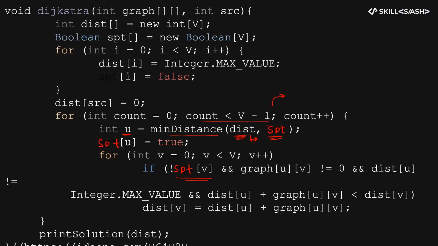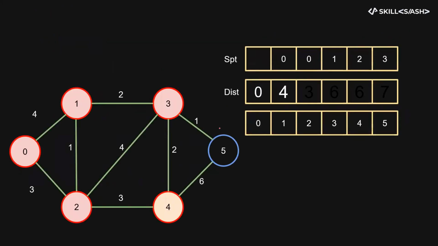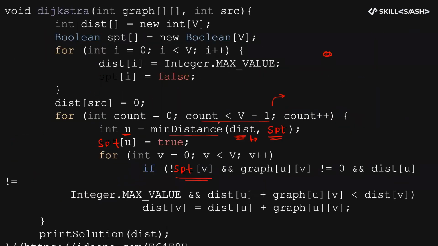So I'll explain it to you in this way. Like from any node, let's say, 0 to 1. So the indexes are like this: 0, 1, 2, 3, 4 and so on, right? So what I'm taking is, what is the node?